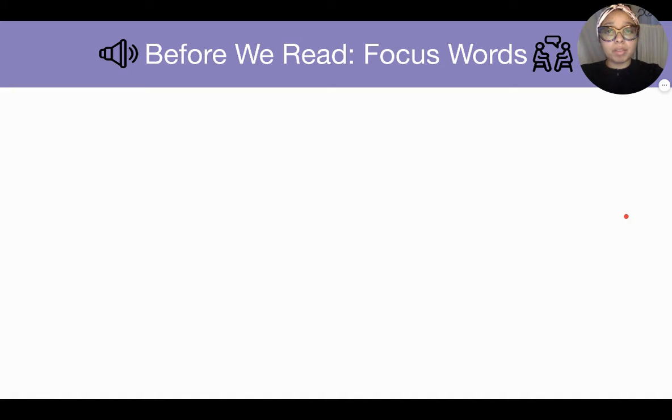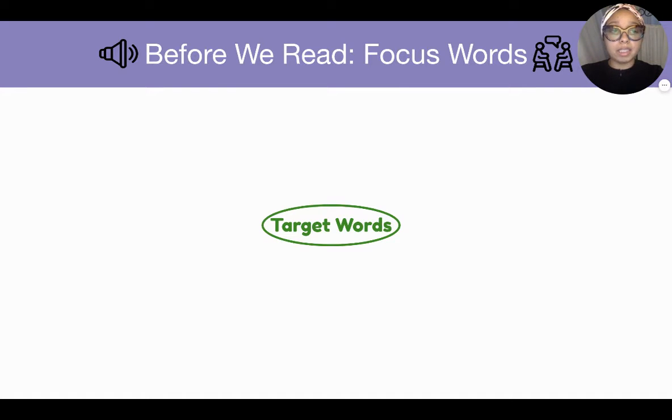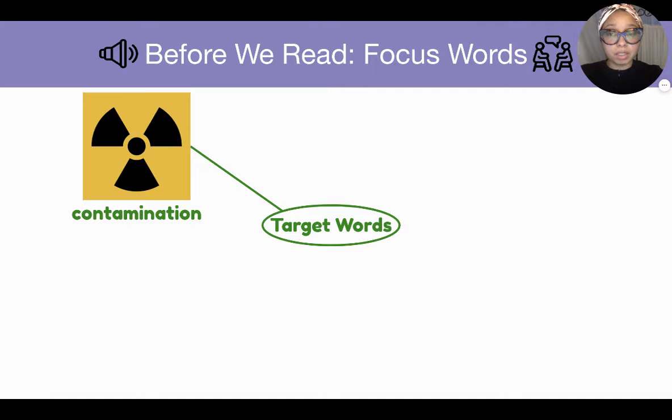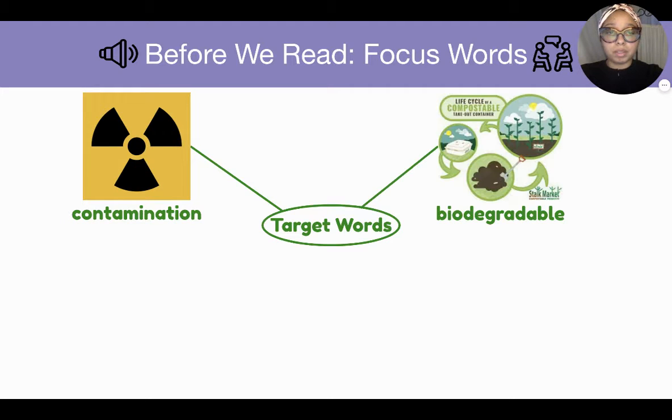So let's think about the focus words before we start reading. Here are the target words you are going to see in the text today. Contamination. Contamination is when something has chemicals or a substance that makes it unsafe to use. Biodegradable.